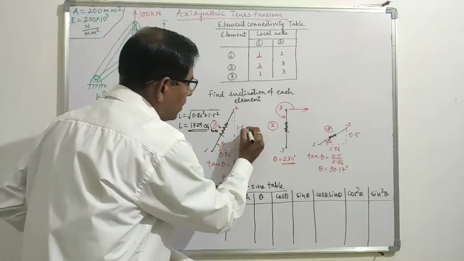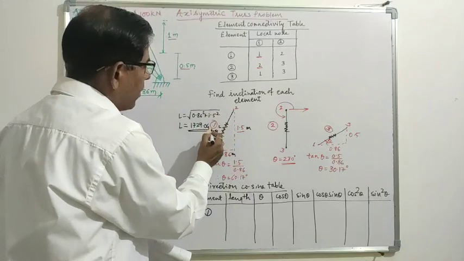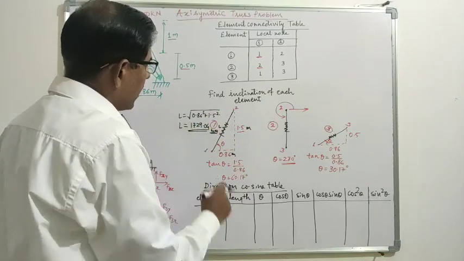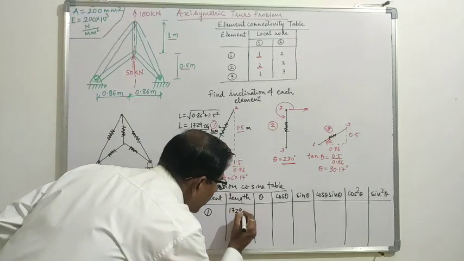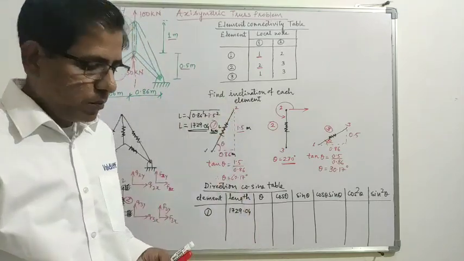This is in meter, but if you convert it into mm, it comes out to be 1729.04. So 1729.04 is the length of this member.